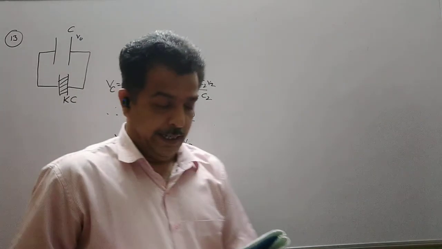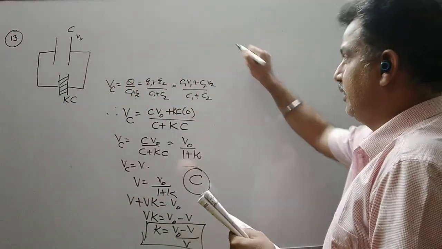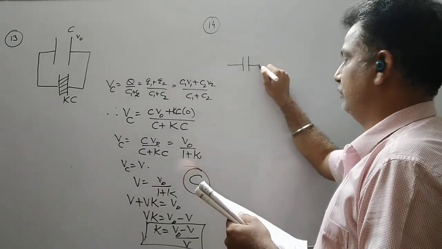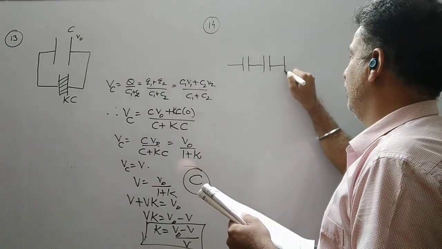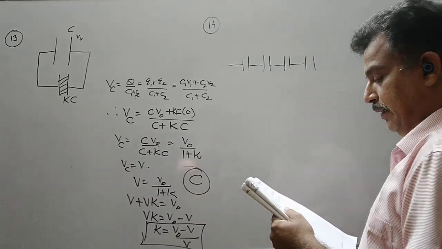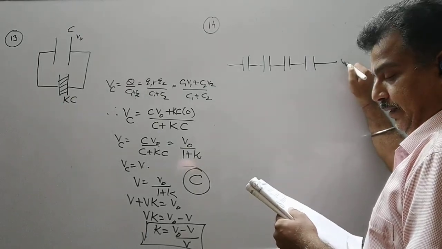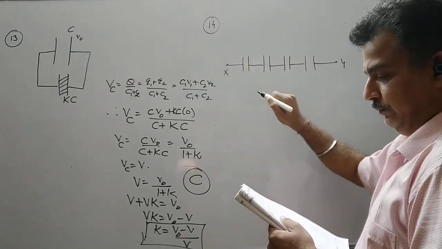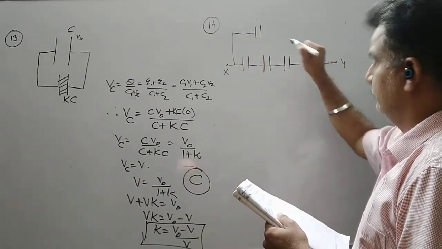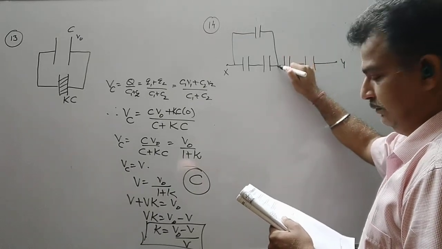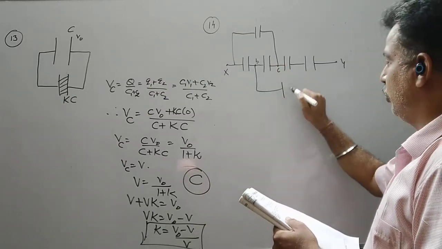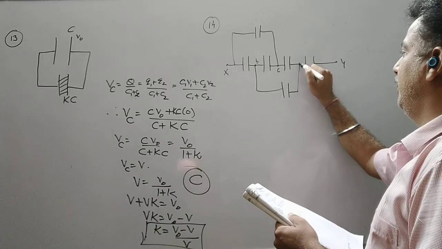Now MCQ number 14. Now one circuit is given here. So there are 1, 2, 3, 4, 5, 6 capacitors, shown in the figure. So these are the different points between which capacitors are connected.